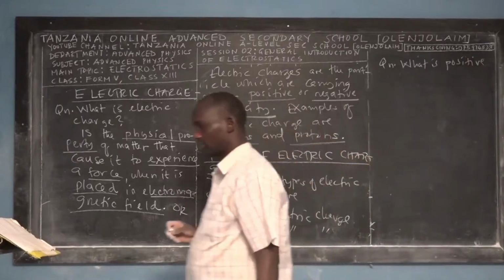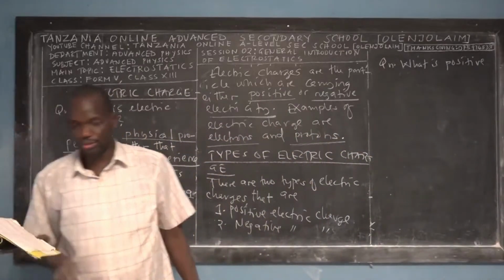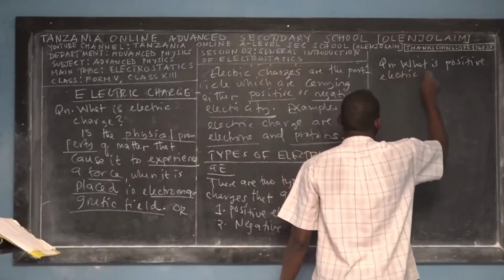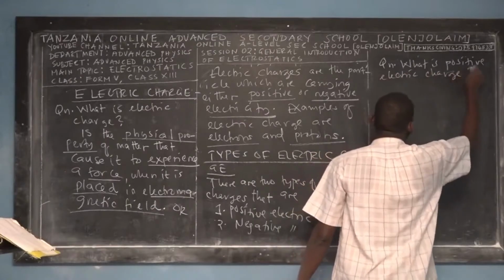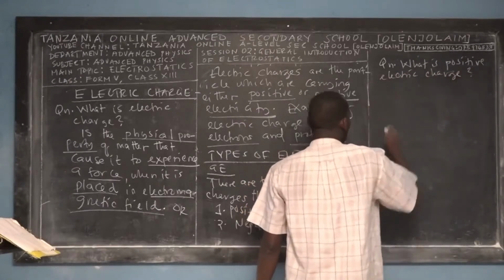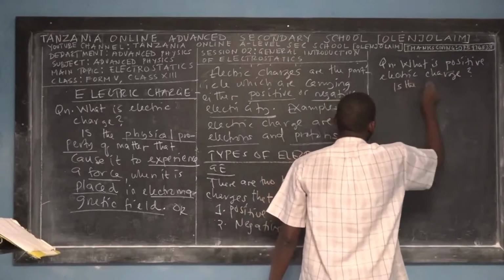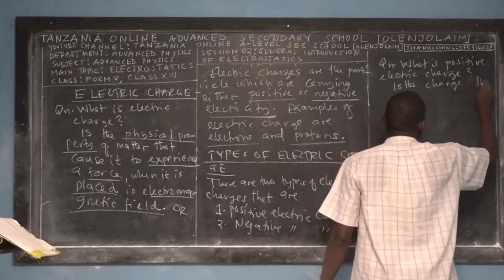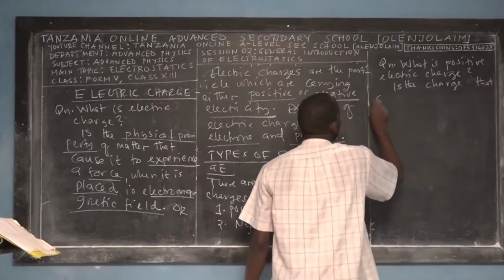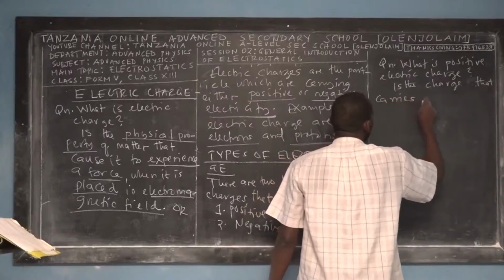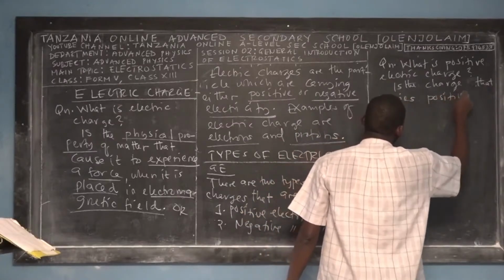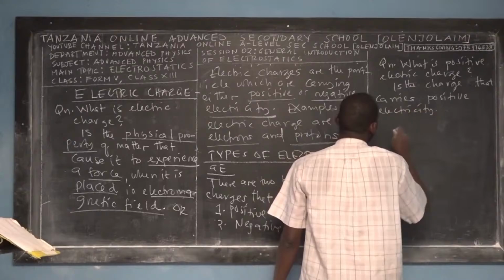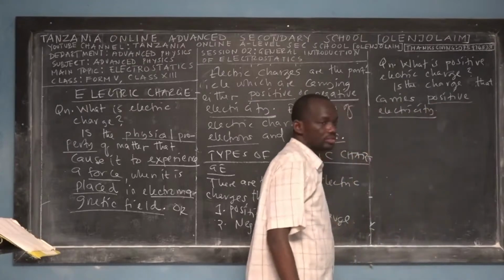Positive electric charge, we say that the charge is a charge that carries positive electricity. So you have negative and the positive electricity.